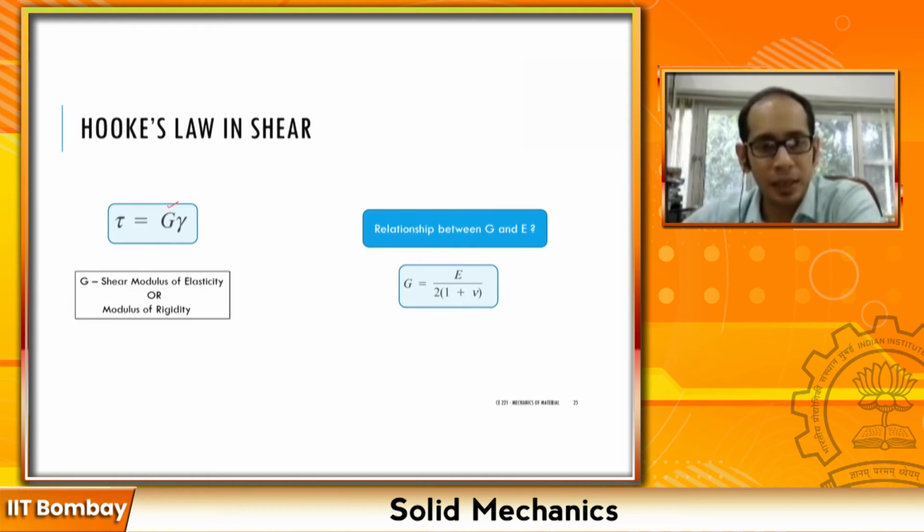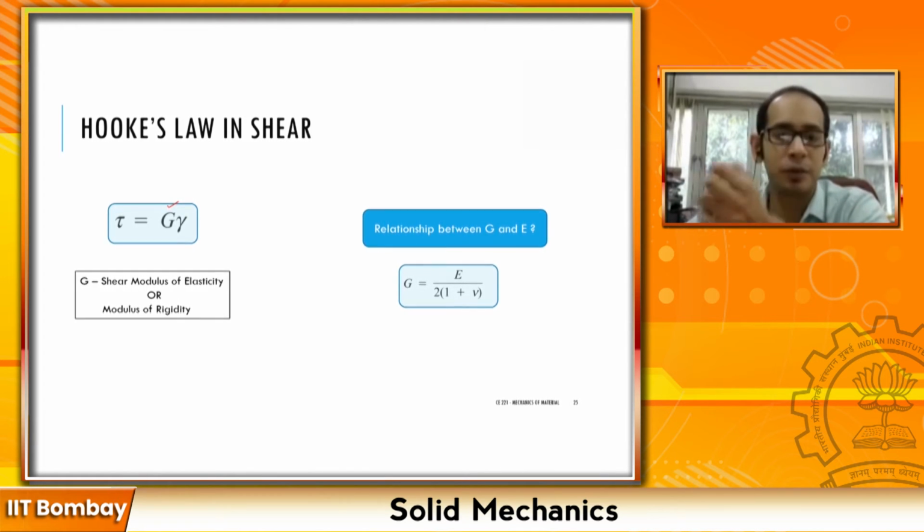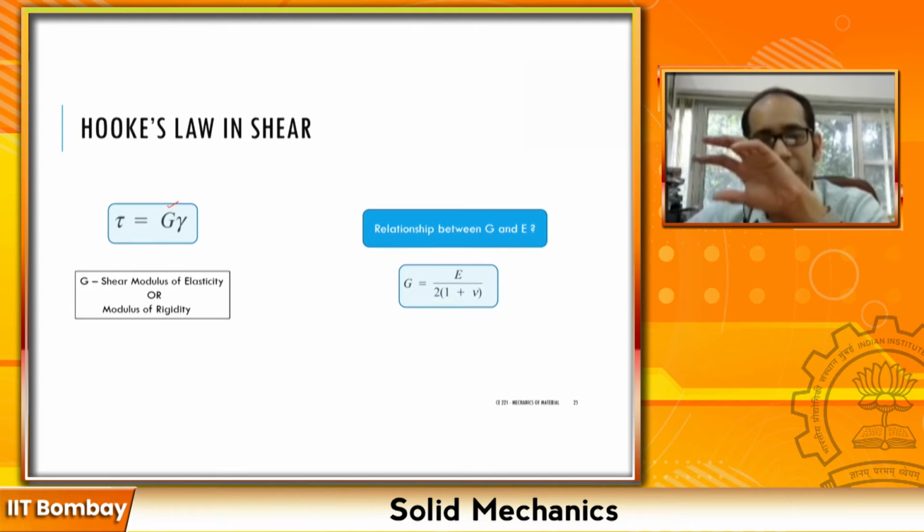Now, there is a relationship between G and E, and there is a way to derive that. We may look at it later in one of our later chapters, or if you're interested, in standard textbooks. It is not in this particular chapter; it comes with advanced topics like stress transformations, or how changing the orientation of a particular element changes the stresses. You can take a look at this one.